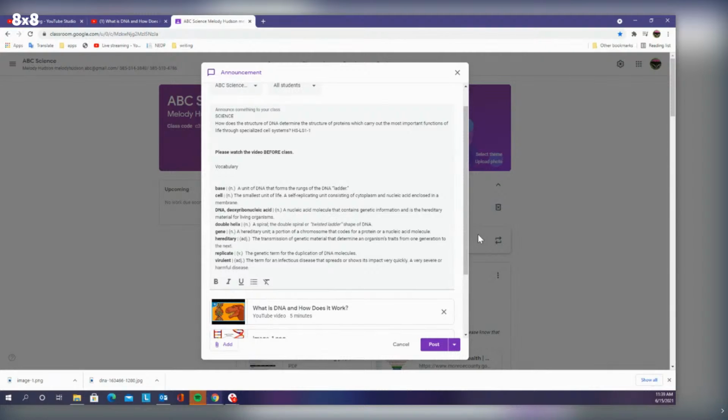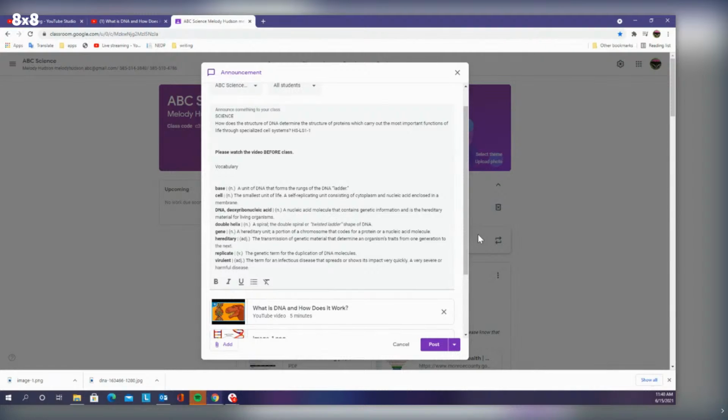It also can determine whether or not you're a carrier for certain diseases, such as breast cancer and other diseases that are carried through the generations. And then replicate is the genetic term for the duplication of DNA molecules. So replicate, duplicate. Just remember that.